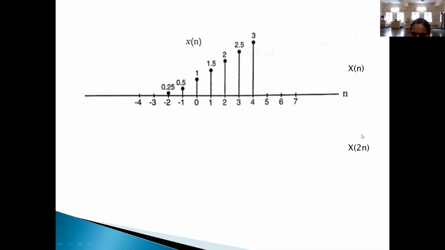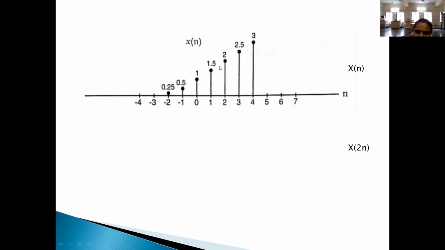Here we have to perform the operation x of 2n. What do you have to do first? Take the scaling factor, that is 2, and take its inverse, that is 1/2. We multiply that 1/2 with each time value. That is 4 into 1/2. Here we don't have any sample, so neglect it.